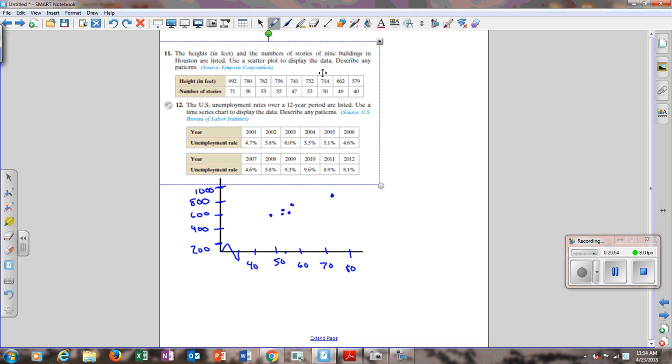And then 50 and 714. A little over halfway. 49 and 662. So that's there. And last but not least, 40 and 579.